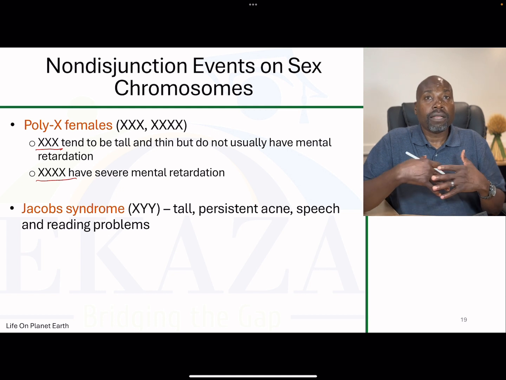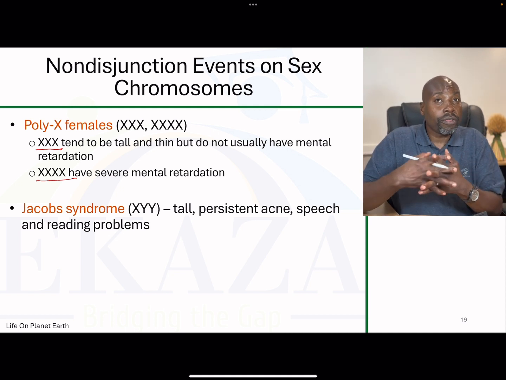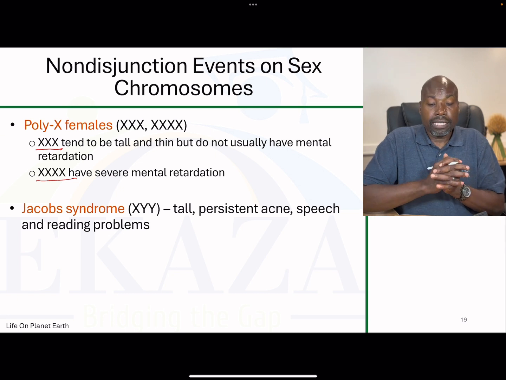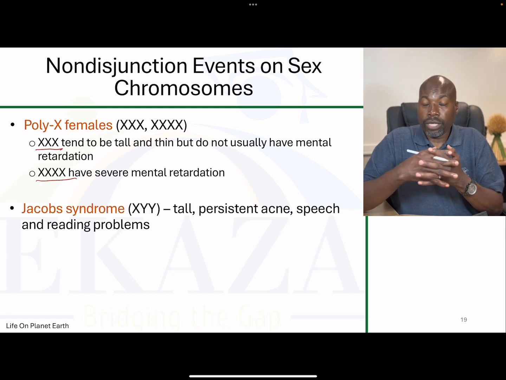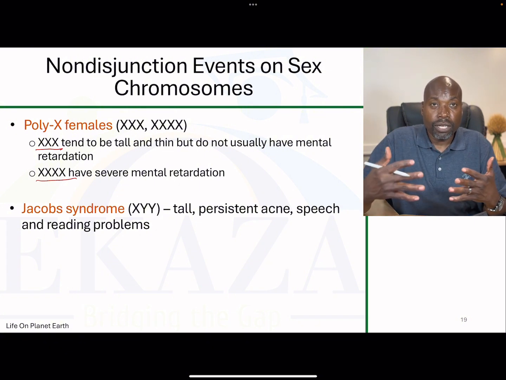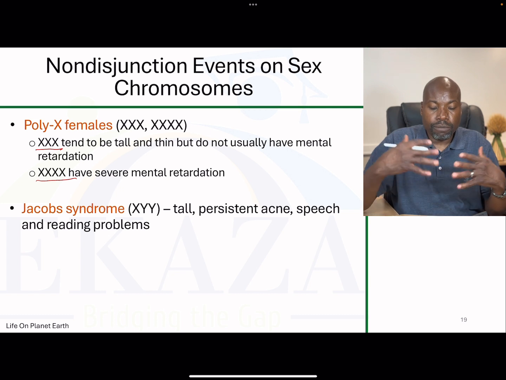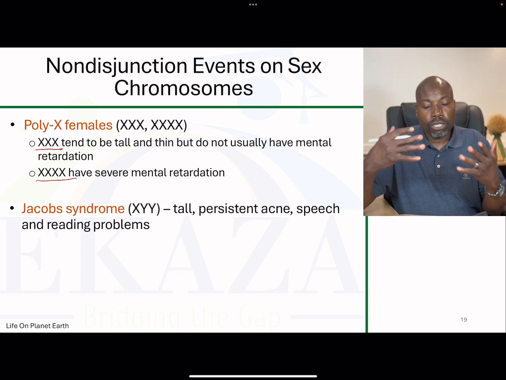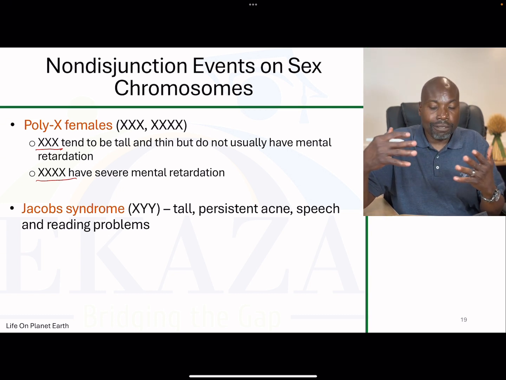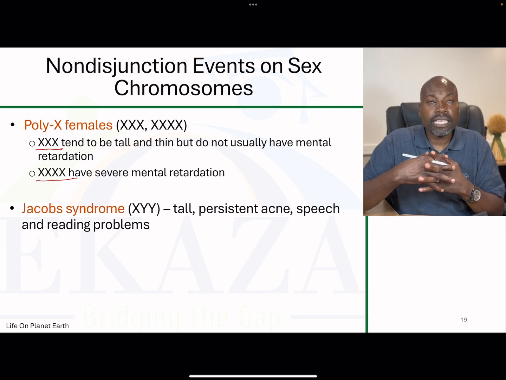They are normal females, with nothing special in terms of development. However, they tend to have exaggerated female features, like a high level of breast size. They tend to be taller than average females, but otherwise they don't have any issue.